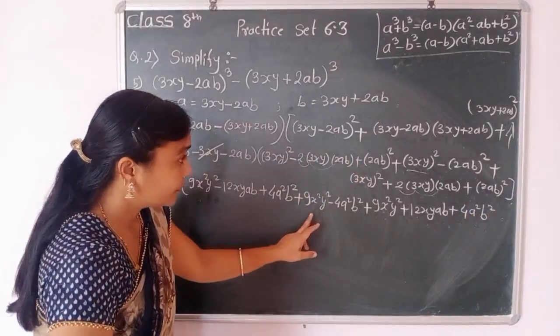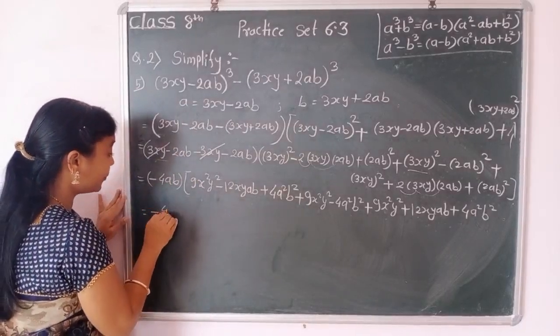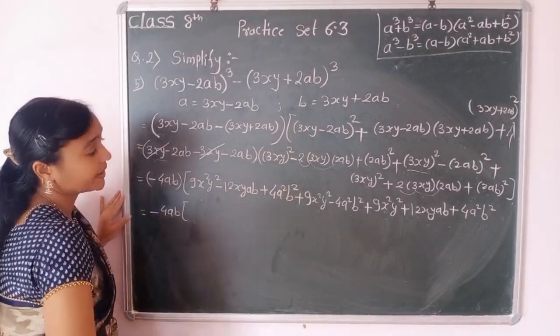Okay. Now we write on. Okay. Minus 4ab, another bracket.